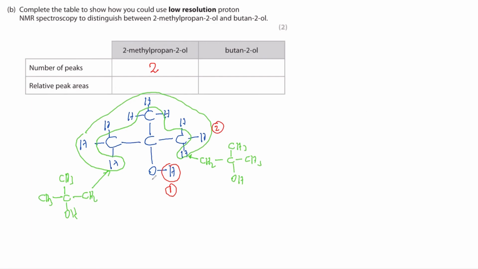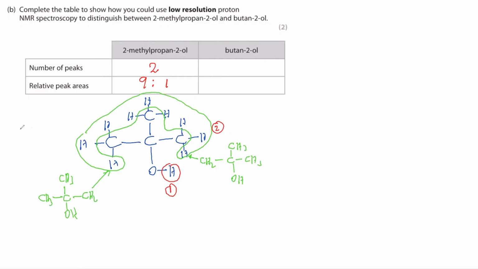Relative peak areas. First peak has 1 proton. Other one has 9 protons. So 9 hydrogen to 1 hydrogen. So it will be 9:1 or 1:9. So anything is fine. Let's go for next one.